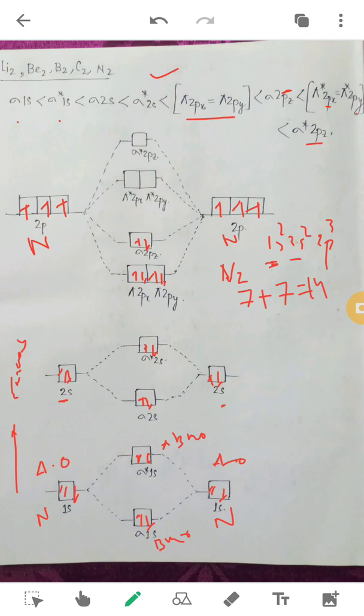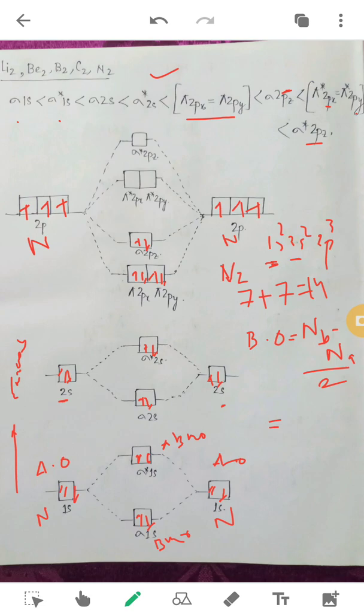Now, by doing this, the significance of these energy level diagrams is that we can find the bond order from there. Bond order is the number of electrons in the bonding orbitals minus the number of electrons in the anti-bonding orbitals, divided by 2. So let's check the bond order here.